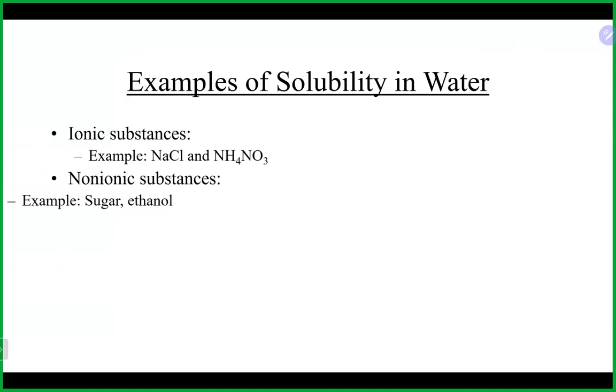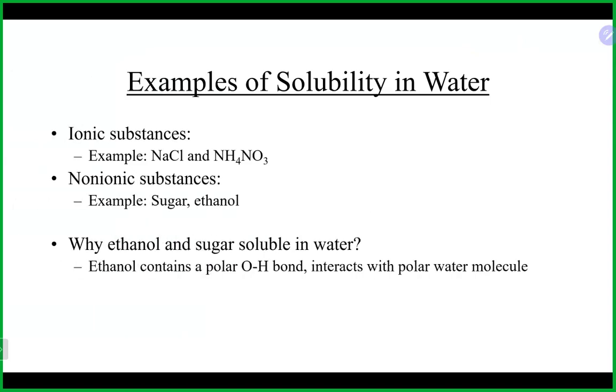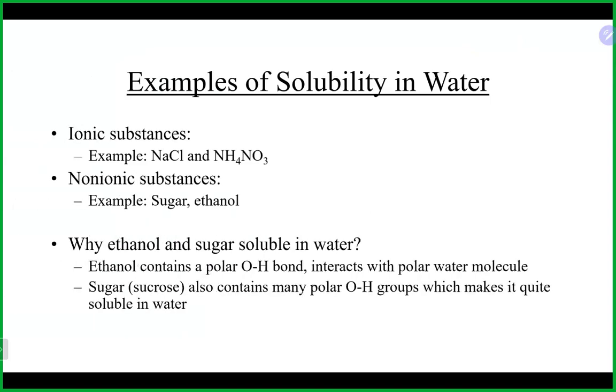So when we talk about solubility, what are some examples of solubility in water? Well, water is pretty much your go-to for any ionic compound. Because we create positive ions and negative ions, that's going to work really well with what we just saw. But there are also some non-ionic compounds that are really soluble in water.